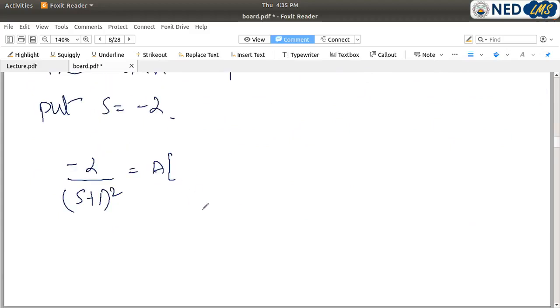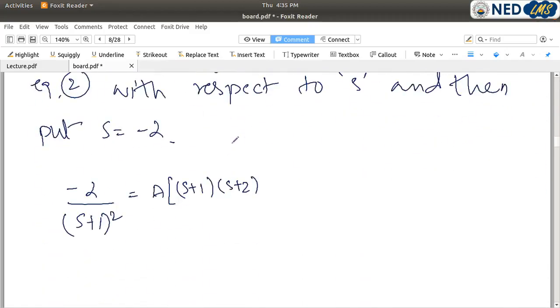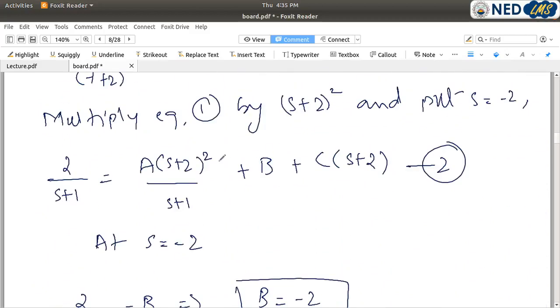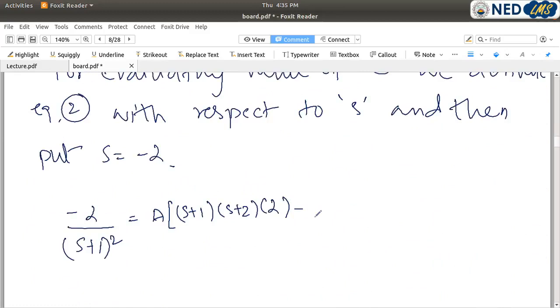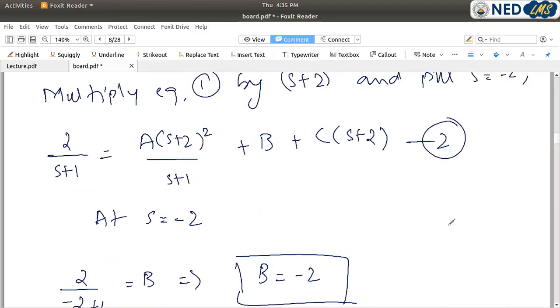A, s plus 1, s plus 2, u, derivative of this function s plus 2 into 2, minus this function, derivative of this s plus 2 whole square into 1, and finally this will become s plus 1 whole square plus derivative of this term will become 0 since it's the constant part, and the derivative of this term will become c into s, derivative of cs is c, and c into 2 is again constant, and derivative of this term will become 0.